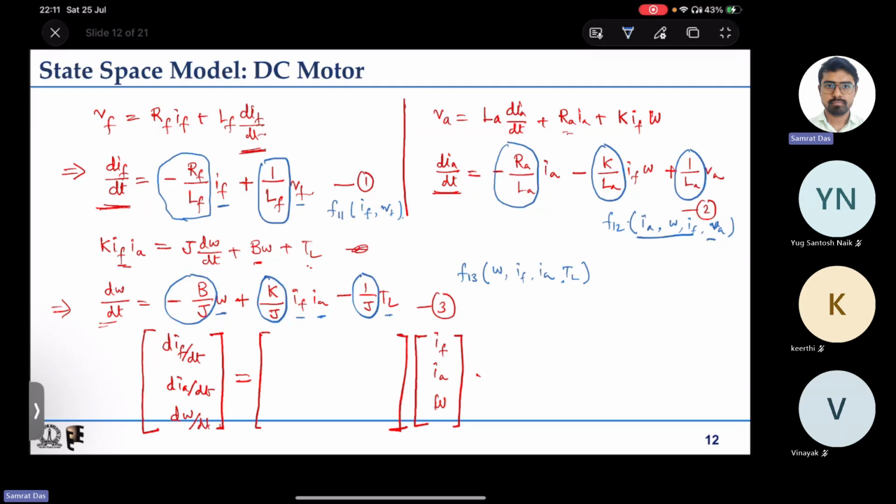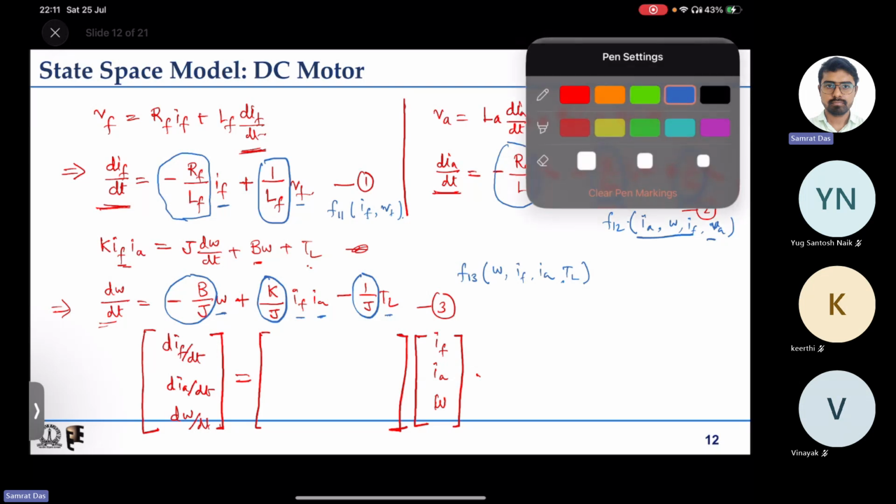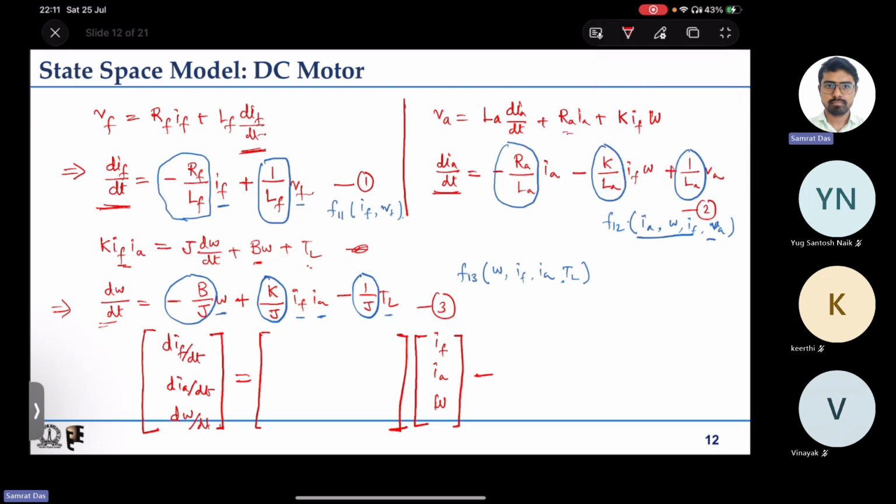Right? So is it possible for us to write these equations in the linear form, like ax plus bu? Let us try to do that. So this is our B matrix, and what is our input matrix?